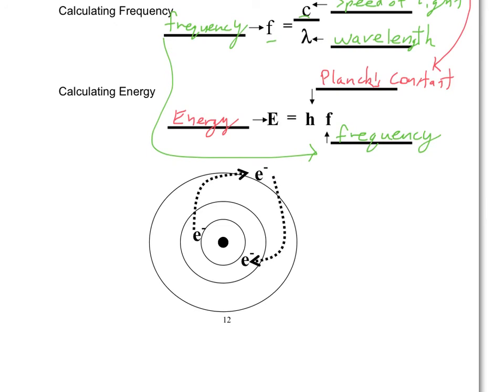So if I was to look at a Bohr model of the electron, so I have these electrons in orbitals, if one of my electrons on these lower levels were to jump, now how do I make it jump? Well, you have to add energy.